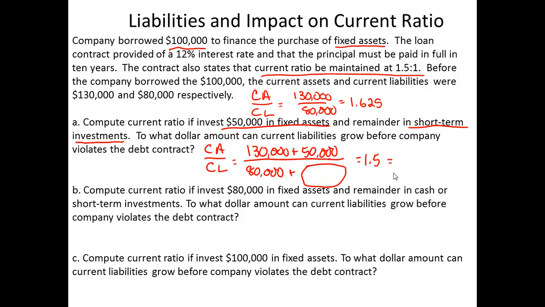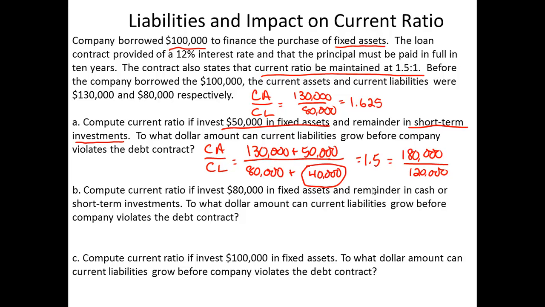Well, 130,000 plus 50,000 is 180,000. 180,000 divided by 120,000 is 1.5, so thus our other current liabilities can grow by $40,000. 80,000 plus what equals 120,000? 40,000.